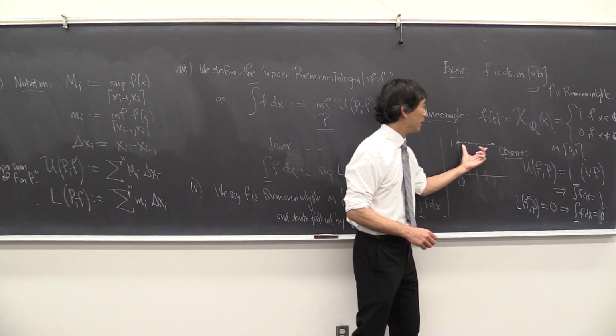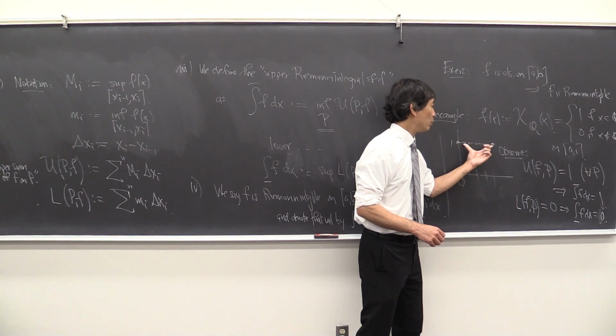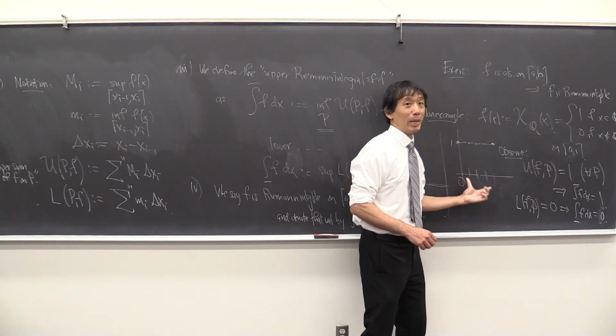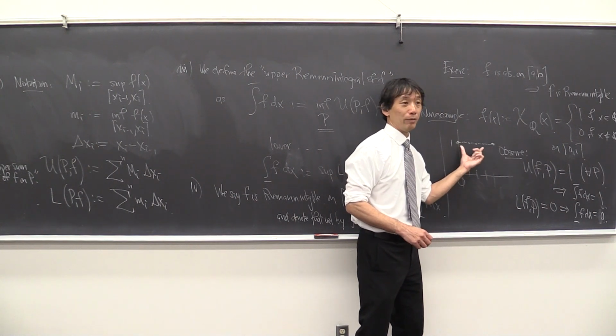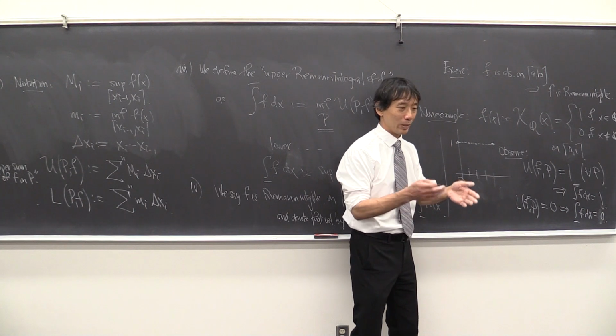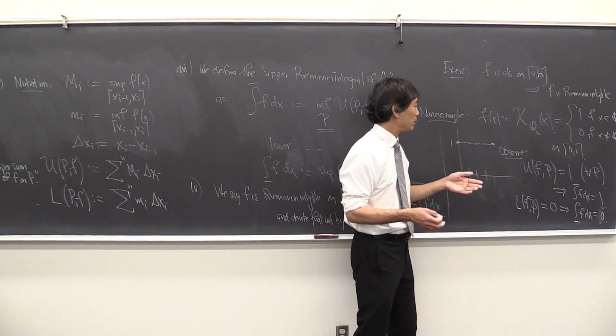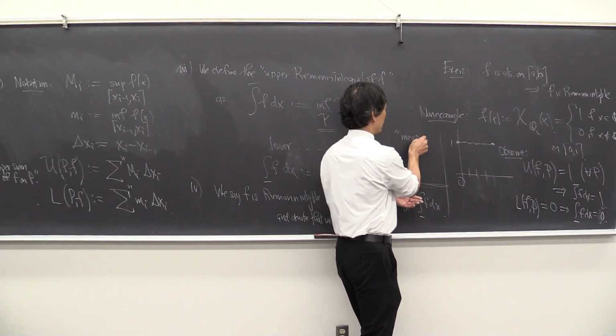And the reason is that the set of points where the function is 1 actually doesn't have much mass to it. It's a countable set, right? The rational numbers are countable, and any countable set is pretty sparse. In fact, any countable set is what we call measure 0.